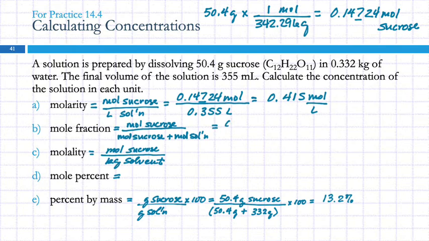Molality, again, we're going to use that 0.14724 moles of sucrose, but now we're going to divide by, I'm sorry, we're doing mole fraction next. We're going to divide by the moles of sucrose plus the moles of solution. So we need to find the moles of water.